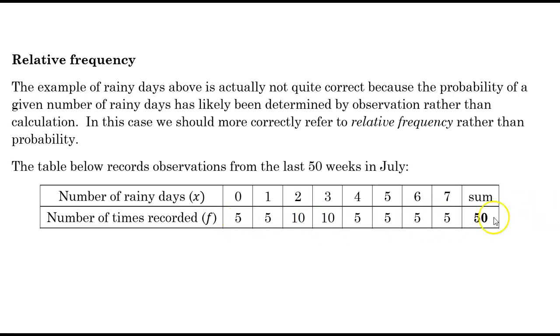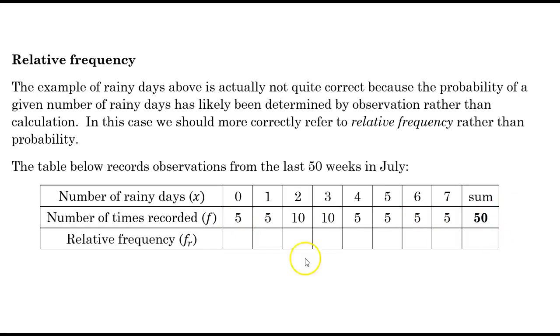My total frequencies add up to 50 because I made 50 observations. So my relative frequency is frequency divided by the number of trials. 5 divided by 50 is 0.1, 10 divided by 50 is 0.2, so on. That gives us our relative frequency, and the sum of those, again, must be equal to 1.